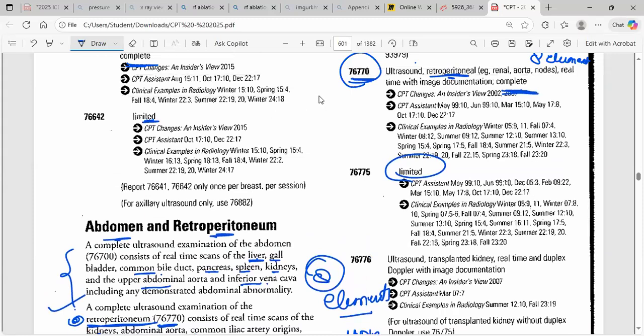The doctor did the ultrasound of both kidney and bladder, the complete bladder ultrasound, as well as kidney ultrasound, so that he can rule out any urinary pathology, because retroperitoneal is for the urinary tract pathology. Then what should be the code? Do we have to use the limited or do we have to use the complete? Both kidney and the bladder.